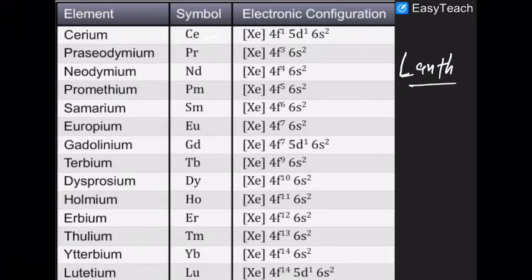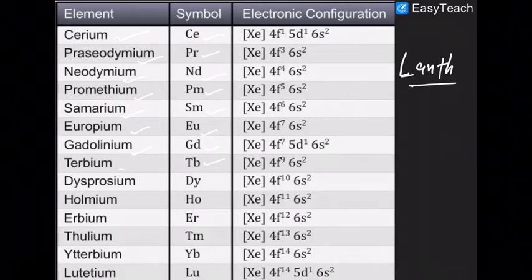Ce stands for cerium. Pr stands for praseodymium. Nd stands for neodymium. Pm stands for promethium. Sm stands for samarium. Eu stands for europium. Gd stands for gadolinium.